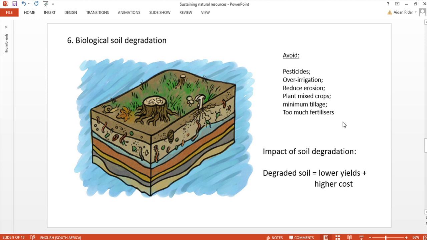Okay, so what is the conclusion we make out of all of this? The impact of soil degradation is the degraded soil. Why is it so bad? It equals lower yields.